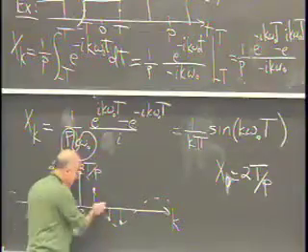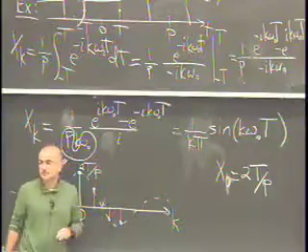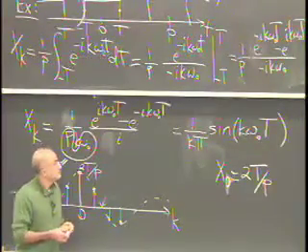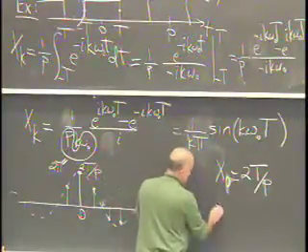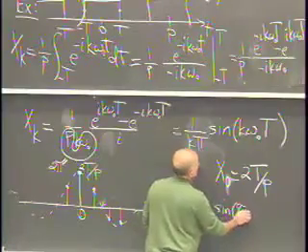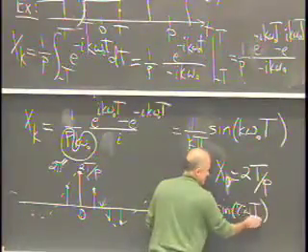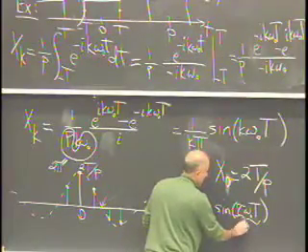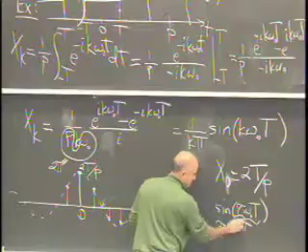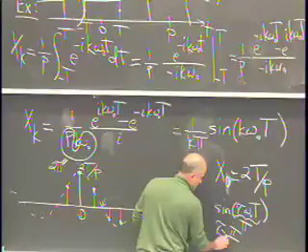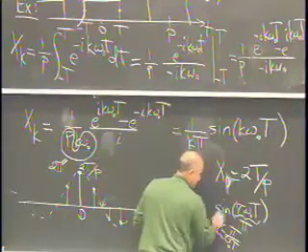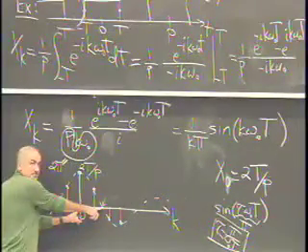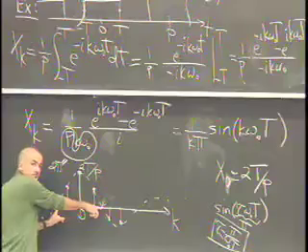Where would the first 0 crossing of that be? It would be when sine of tau omega naught t is pi. So it's at pi over omega naught t. Okay? That's a measure of the width of this main lobe.